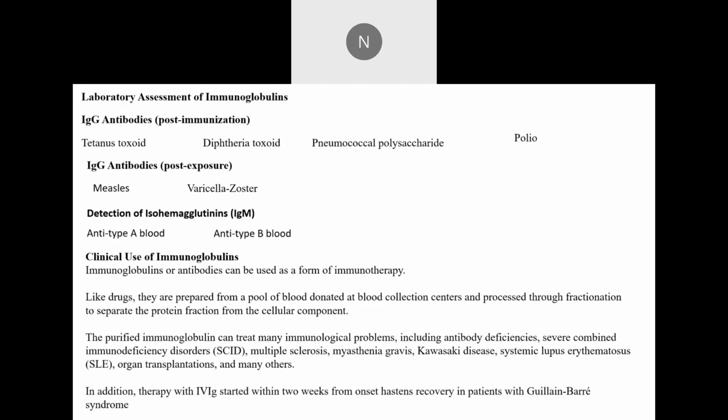In addition, IV-Ig therapy, which is intravenous immunoglobulin started within 2 weeks from the onset, makes the recovery of Guillain-Barré syndrome patients much faster. So these are all the uses of immunoglobulins.